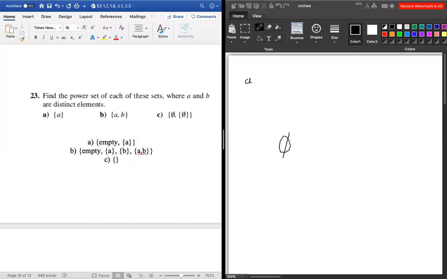Okay, so for part C, we know that the empty set is a subset of every set. Then we have this member here, empty, right? So empty, right? And then we have another set here, which contains the set. It's an empty set.